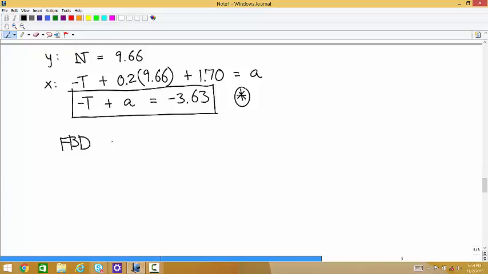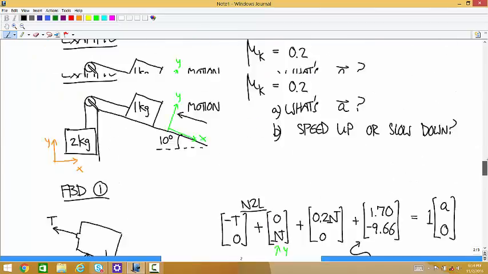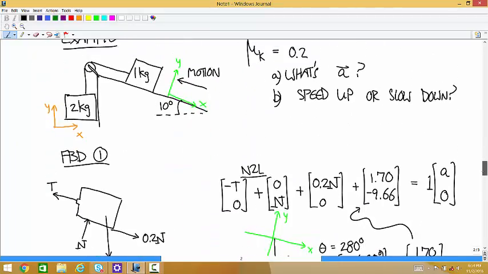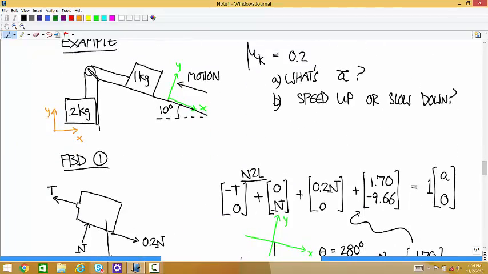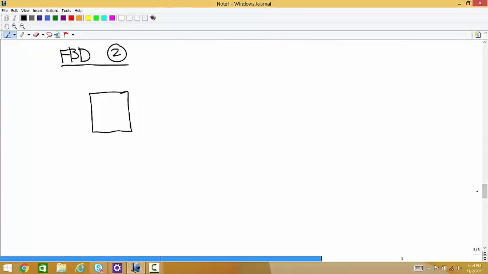So free body diagram of the 2 kilogram now. Okay, so here's the picture again. So now we're isolating the 2 kilogram box. There's a weight force of 2 times 9.81, so 19.62.